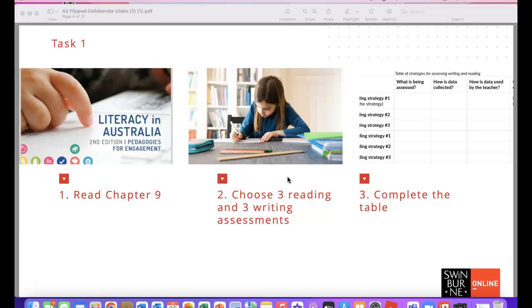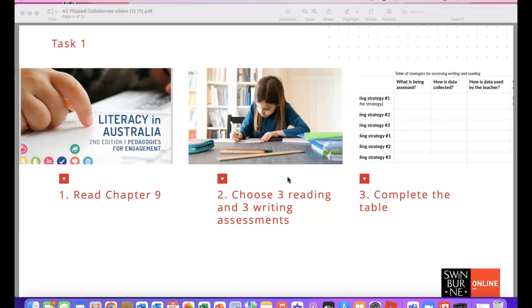When we have a look at the table in the next few slides, I'll go into that in a little bit more detail, but choosing a specific reading assessment rather than just saying a general term like rubric or a general term like folio, if you can find a particular rubric or a particular checklist, it's much easier to be able to critique a particular assessment when it's sitting in front of you and you can look at a rubric and really break down what kind of skills it's looking for.